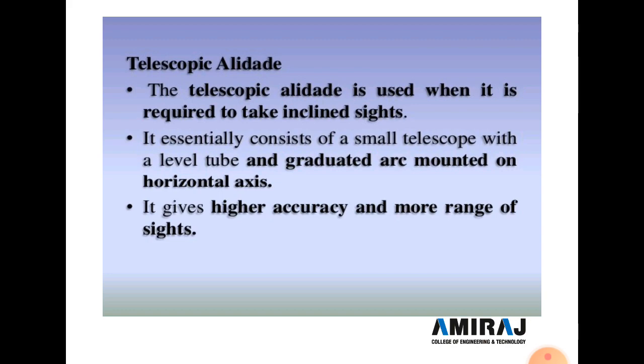and in a simple LED there is no vertical movement, only simple horizontal movement. So it essentially consists of a telescope with a tube level or a level tube and a graduated arc mounted on the horizontal axis, and it has higher accuracy and more range of sight because here a telescope is provided.